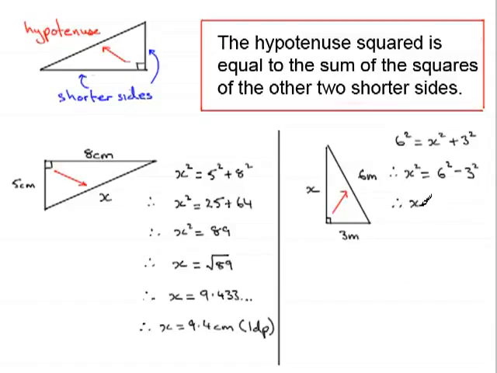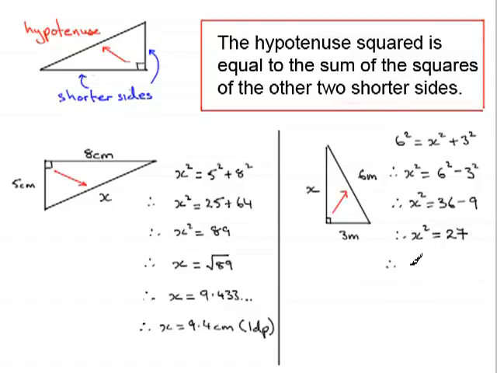So we therefore have x squared equals 6 squared, that's 6 times 6, which is 36. Take away 3 squared, 3 threes are 9. And so 36 minus 9 is 27, so x squared equals 27. And now I just need to square root both sides.